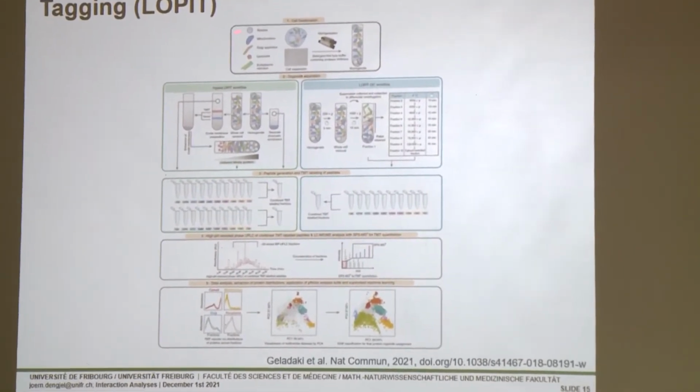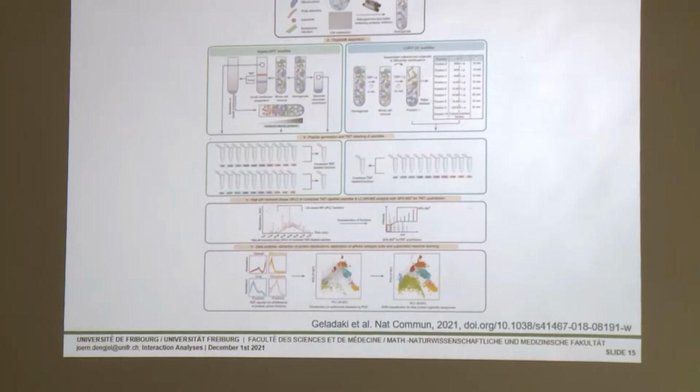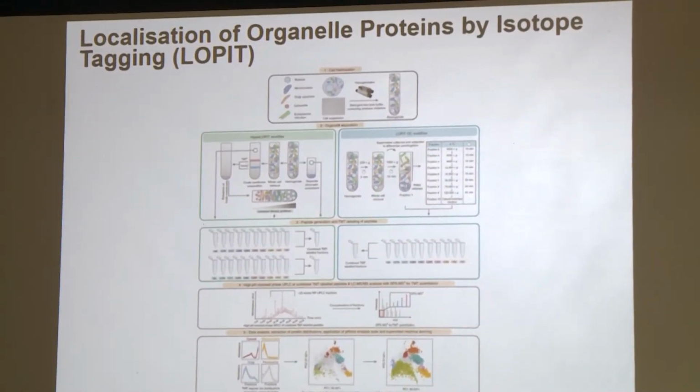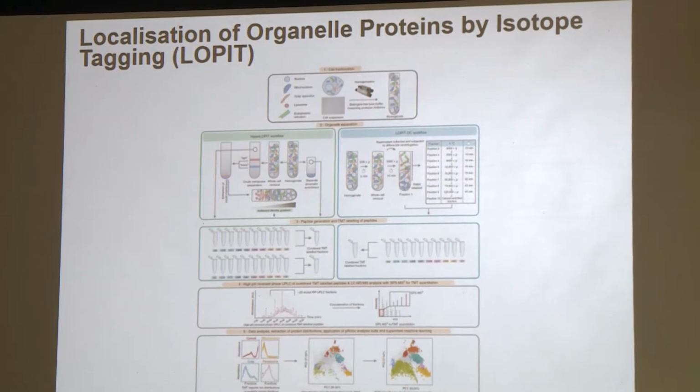She does this so-called LOPIT. This is localization of organelle proteins by isotope tagging. So it's an acronym, but basically, instead of metabolic labeling, she used this chemical tagging, and then basically does the same.